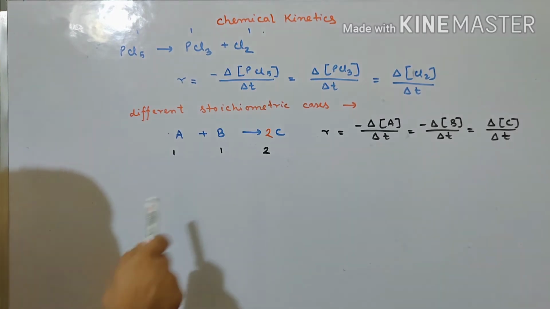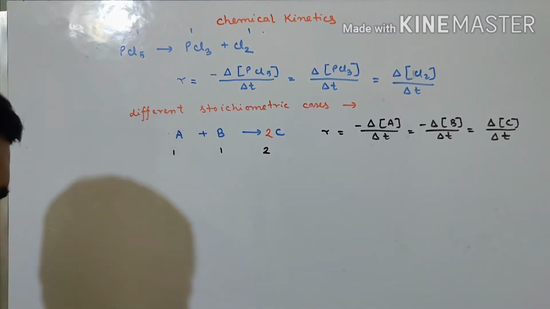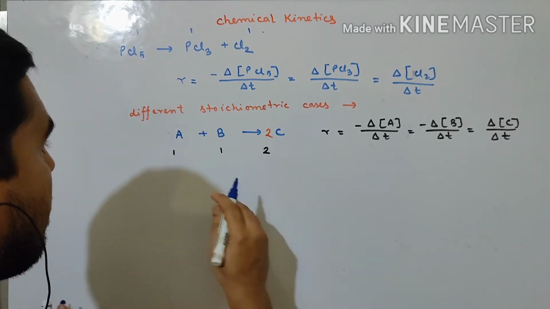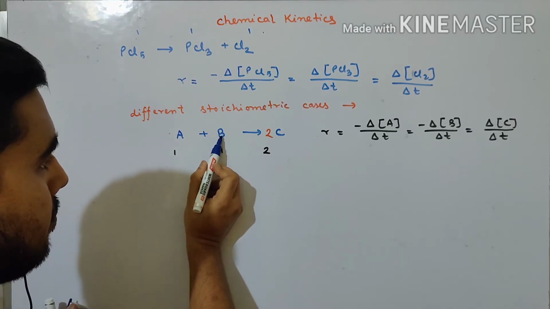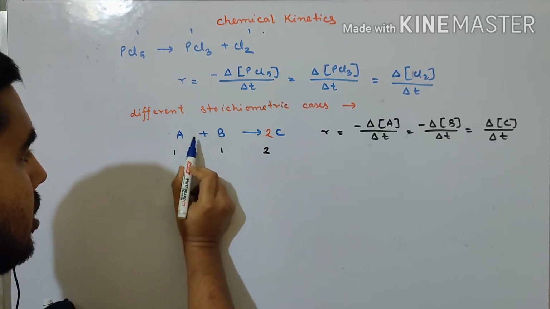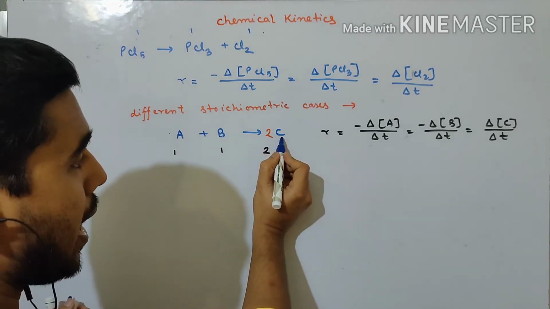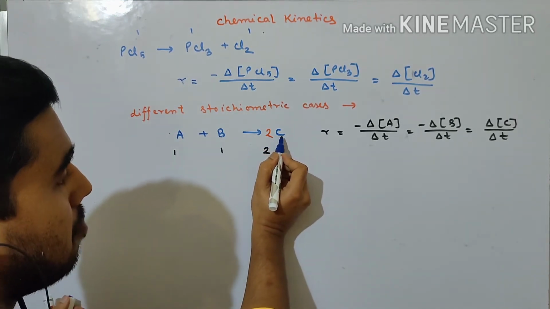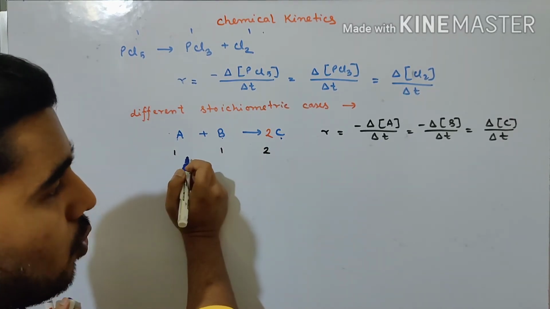If we prepare 2 moles of C, then we should be able to write that the rates of disappearance of A and B are the same, but the rate of appearance of C must be twice the rate of disappearance of B, as per the coefficient.